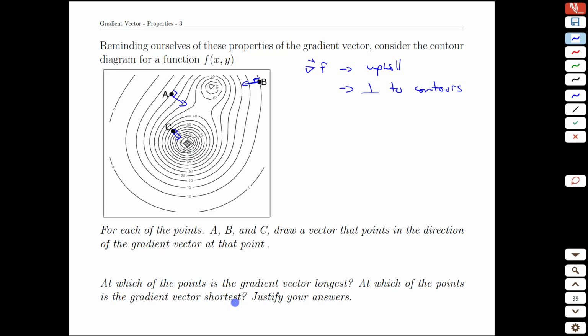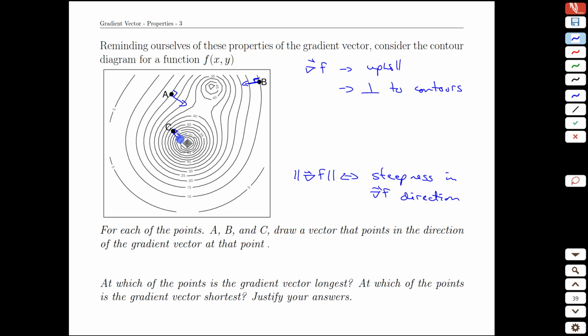Now, the length of the gradient vector is what we're going to look at next. Well, the gradient vector length corresponds to the steepness in the gradient vector direction. So what this is asking for is how steep is it if we take a step in the direction of the gradient.